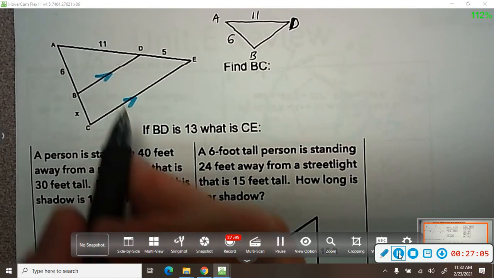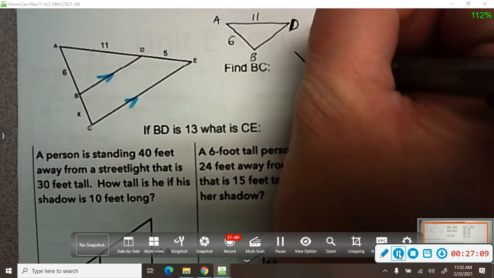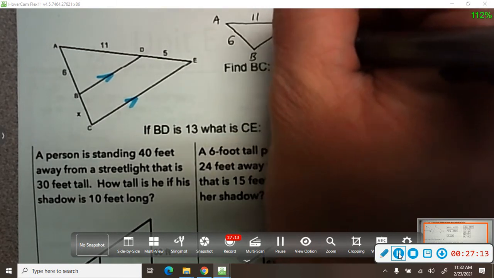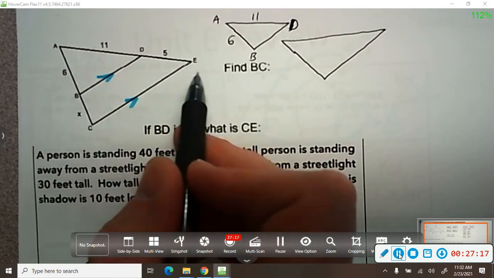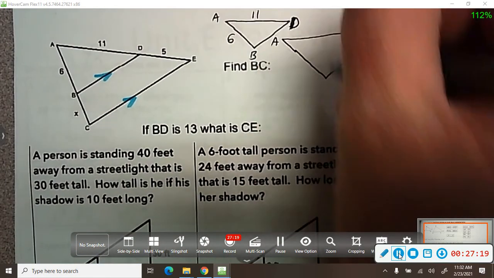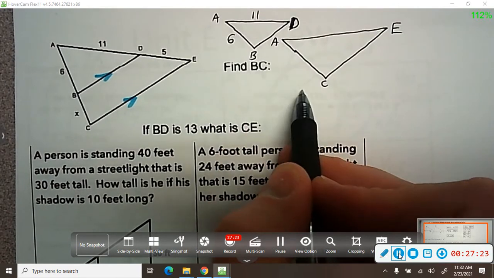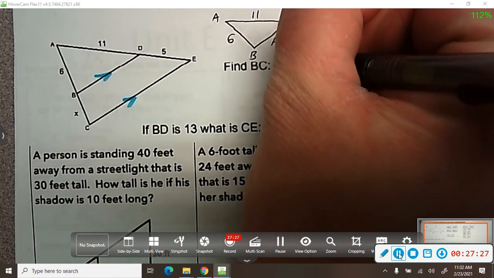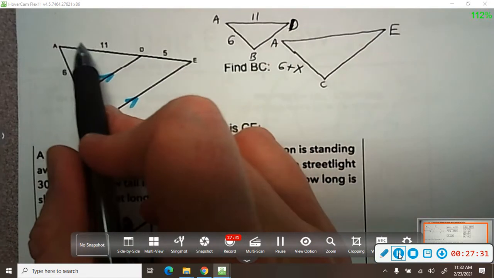Now it should be similar to the whole triangle. So the whole triangle would be ACE. So AC would be 6 plus X. And then this whole thing would be 16.